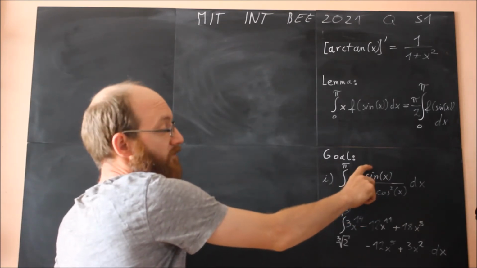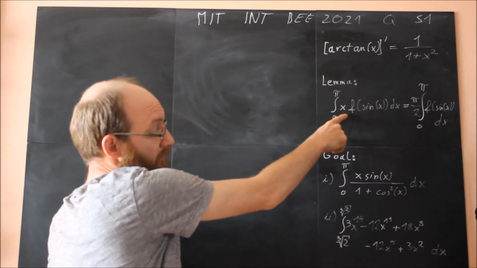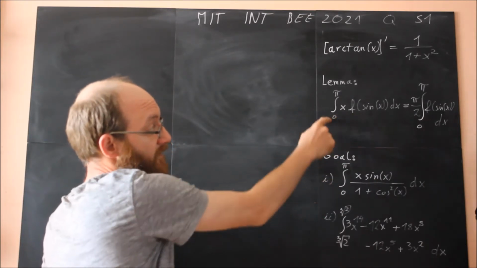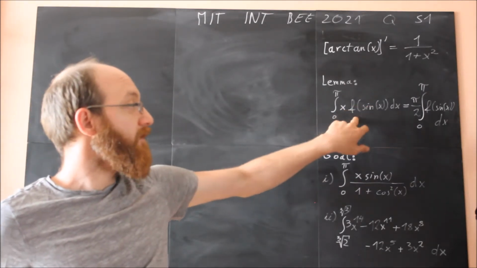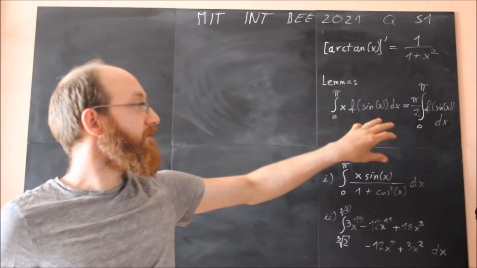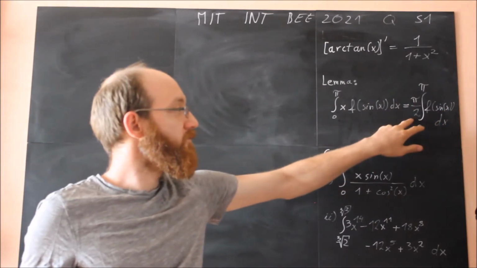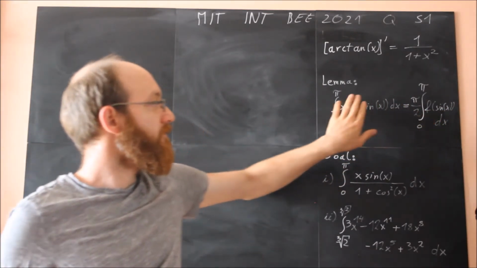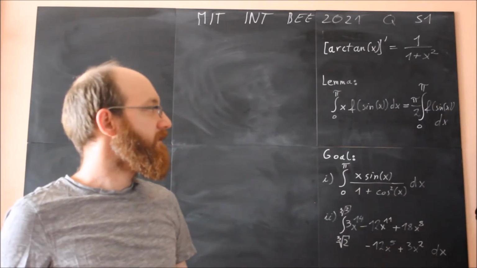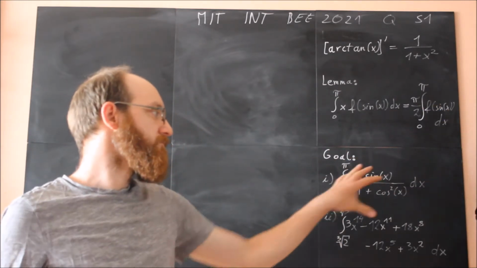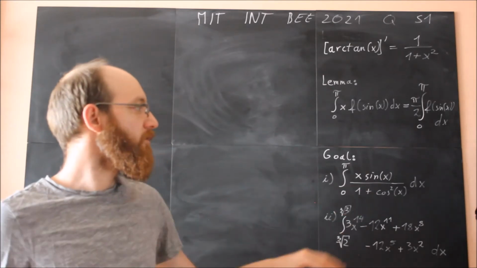So this reminds me of this left hand side. Also the borders are the same. So if we have x times a function of sine, we can rewrite this integral with the same borders, pi over 2 on the front, and then get rid of the x. Alright? And we will see that this will lead us to our goal.